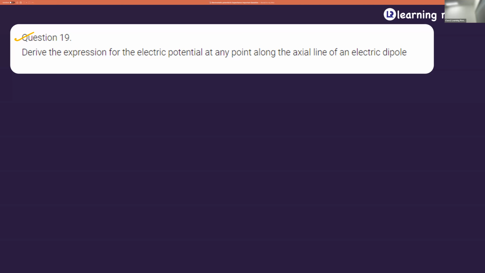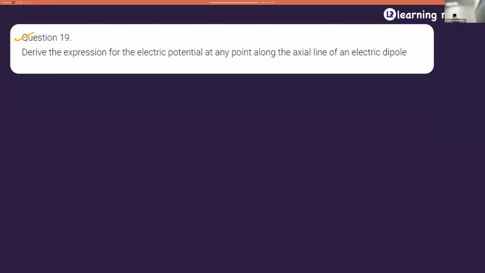R is from the center, this is correct. This is A, this is R. So it is going to be how much?